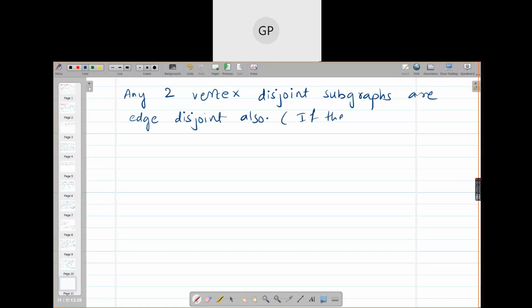If they have no vertex in common, they cannot have any edge in common.